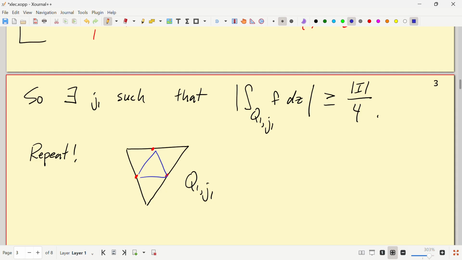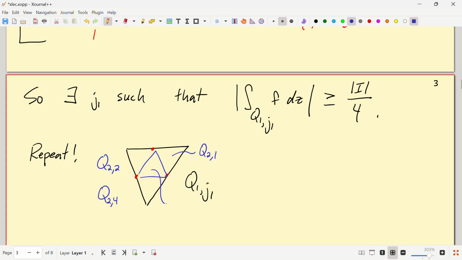This would be Q2,1, Q2,2, Q2,3, and maybe a Q2,4, the bottom one.